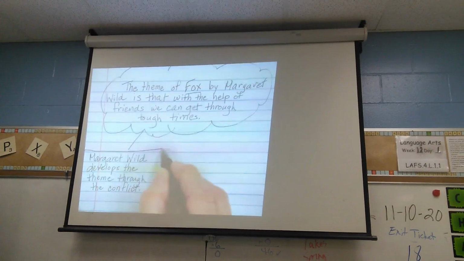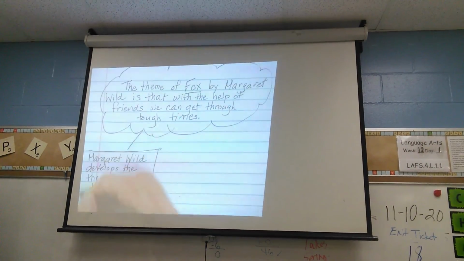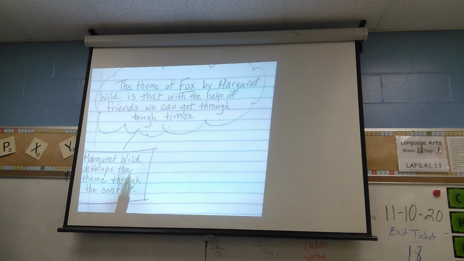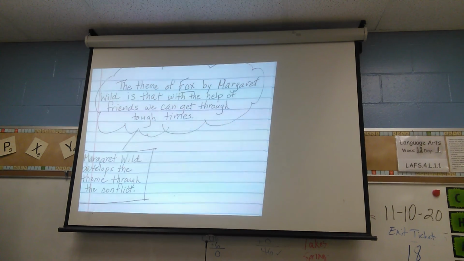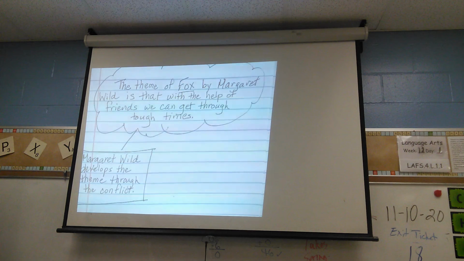You might see a different story element, you might see a different author's craft, but the frame is going to be Margaret Wilde develops the theme, and then you're going to fill in the rest of the sentence depending on what you've identified.